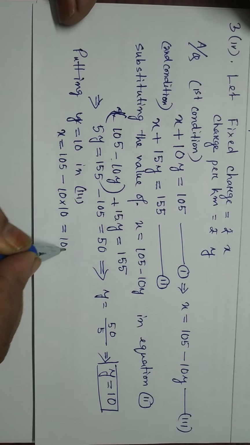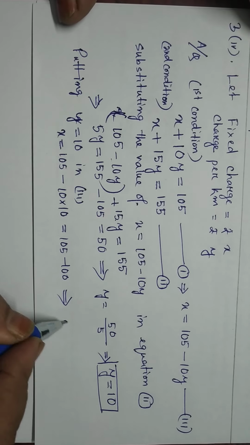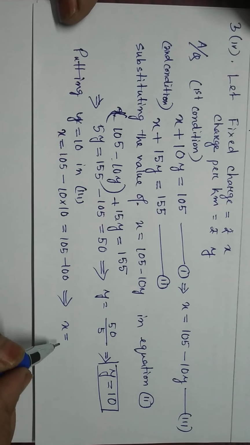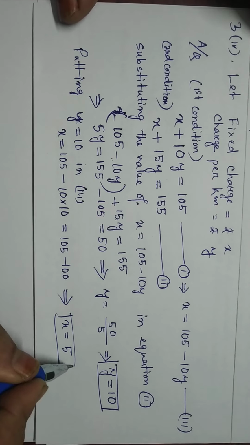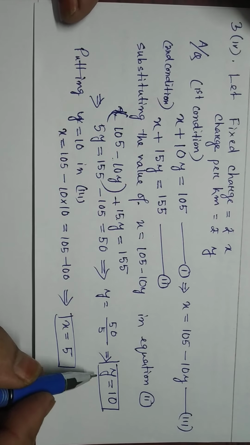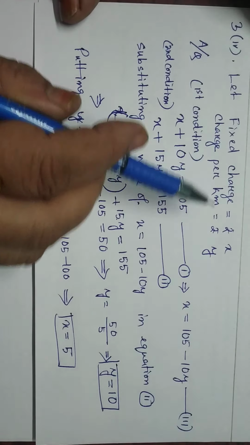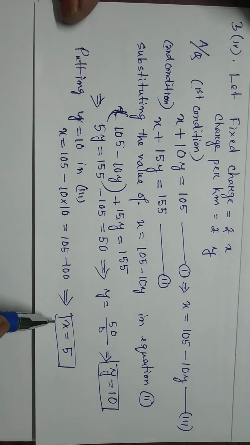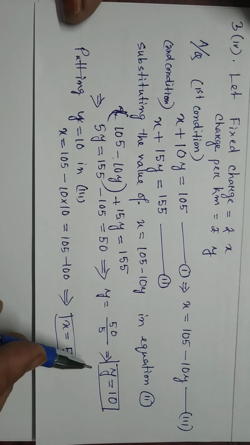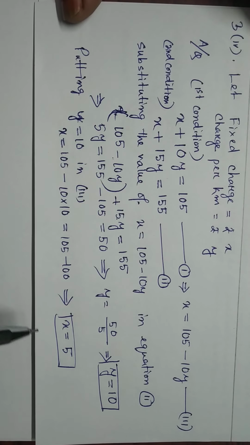That means 105 minus 100. This implies X is equal to 5 rupees. This is how we get the value of X and Y. X means fixed charge and Y means charge per kilometer. That means the person has to pay a fixed charge of 5 rupees and the charge per kilometer is rupees 10.